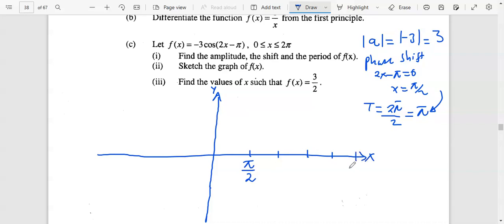So this is going to be the 3 pi over 2. You need to know that from the phase shift, when you add the period, you should divide that region into 4 equal parts. Please, you need to know that. So here, these are the equal parts: 1, 2, 3, 4.